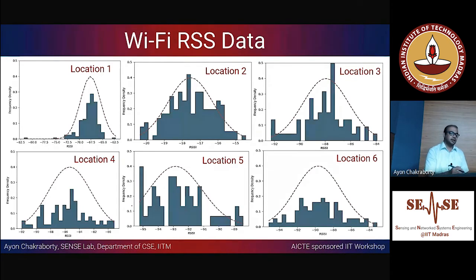A frequency spread across the different values of RSSI, or RSS rather, sorry. You can also look at what the spread is. It is like minus 15 to minus 20, whereas this one goes from minus 92 to minus 84. Whereas this one is so much spread out, minus 82 to 62, but these will be mostly outliers that you can ignore.